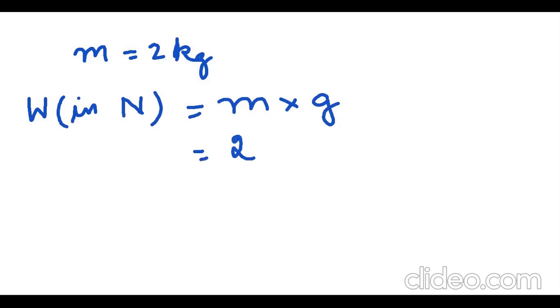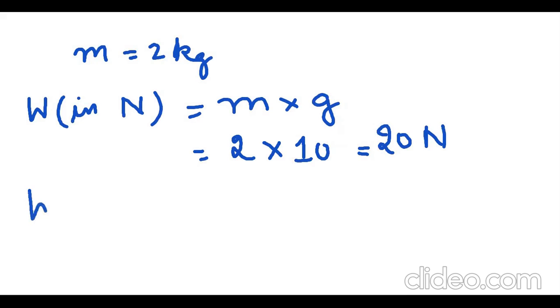M is 2 and suppose g is given to be 10. So our answer comes out to be 20 newtons. This is weight on earth. The value of g is equal to 10 is weight on earth.